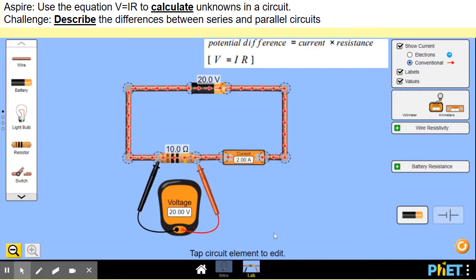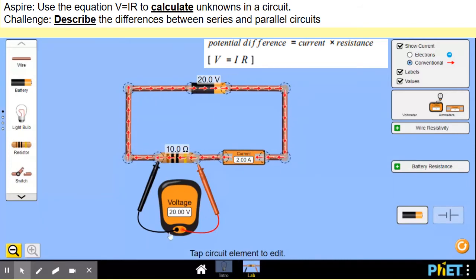We've got this simple series circuit then, and we've got some values on there. What I want you to be able to do now is to use the equation V equals I times R to find unknowns in a circuit. So let's have a look at this series circuit, thinking about V equals I times R at the same time. We've got a 20 volt cell delivering 2 amps through a 10 ohm resistor.